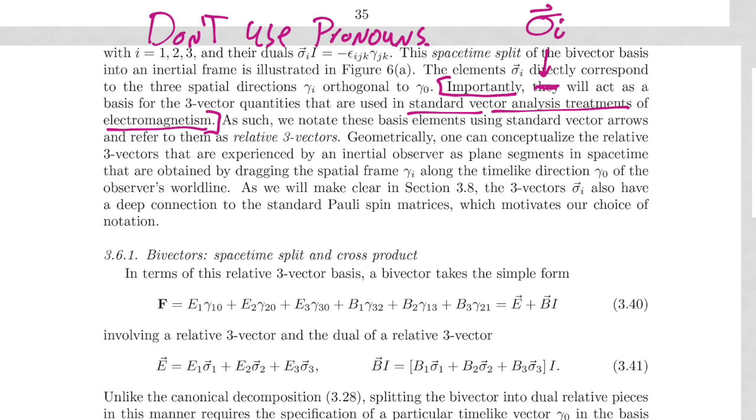It could be referring to the spatial directions gamma I, but no, they're referring to this. So there's a real thing in the text closer to the pronoun than what the pronoun actually refers to. So that's bad. Just never use pronouns. Okay, let's move on.